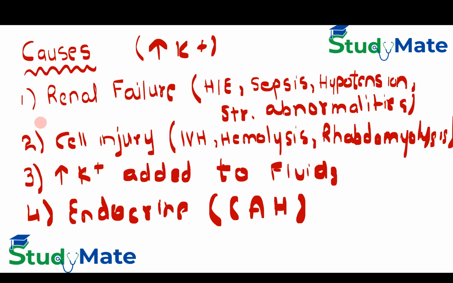Other than that, there are also many other causes that include abnormalities of the pH, the usage of drugs, and consumption of exogenous potassium. But these are the 4 things that you need to keep in mind just for the sake of management.